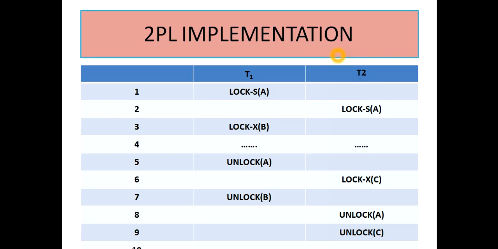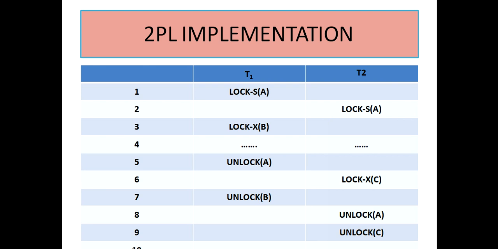Now I am going to show you one practical implementation. First, take a screenshot of this page. You will see that T1 and T2 are two transactions, and 1 to 10 are different instants of time. Note that S means shared and X means exclusive.